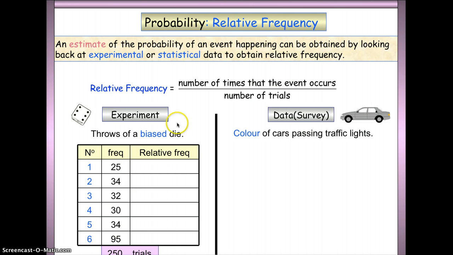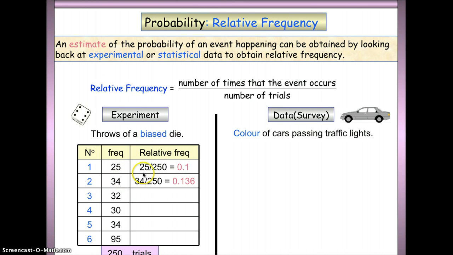Now to get the relative frequency, which is our lesson for today, based upon what you have here on top, the number of times that the event occurs divided by the number of trials, you go 25 divided by 250. So the probability or the relative frequency of 1 is 0.1 or 10%. We do the same for everything.